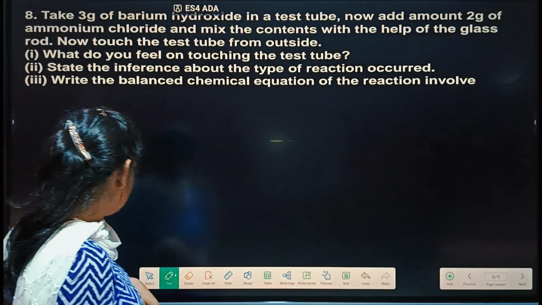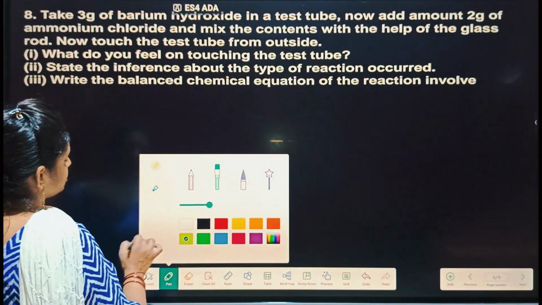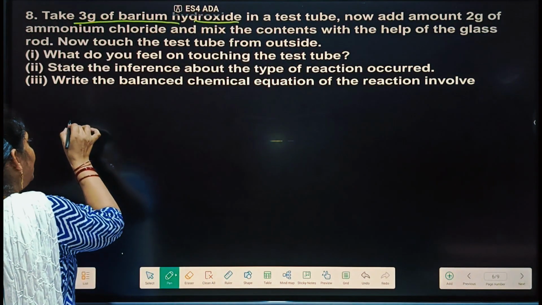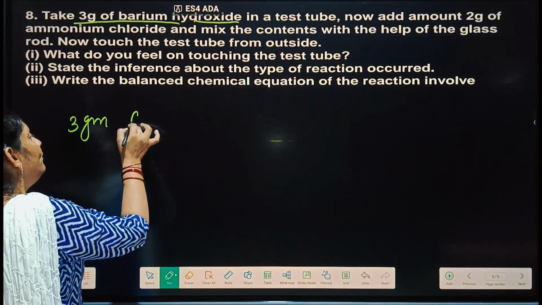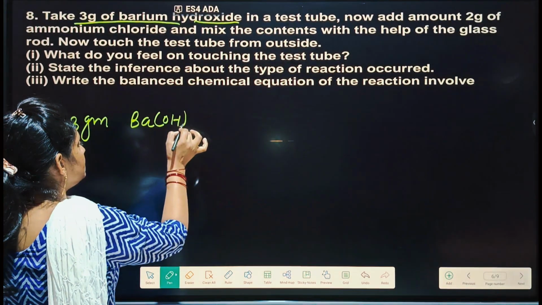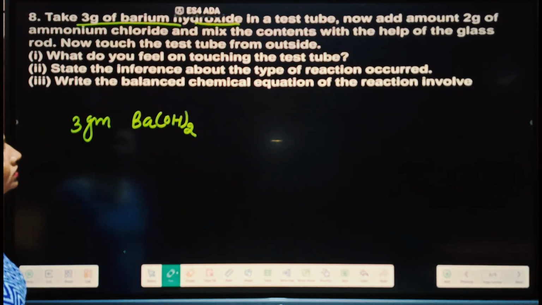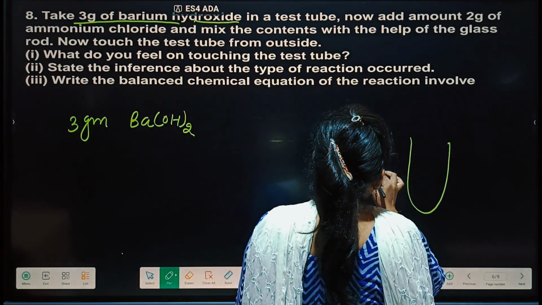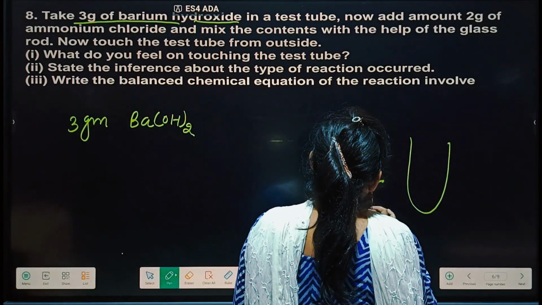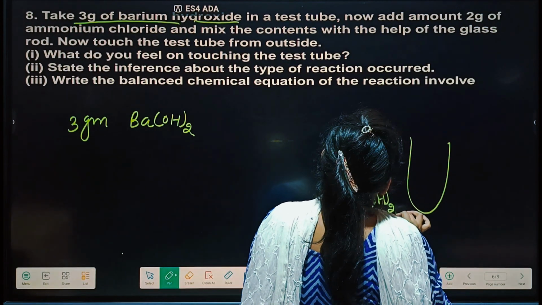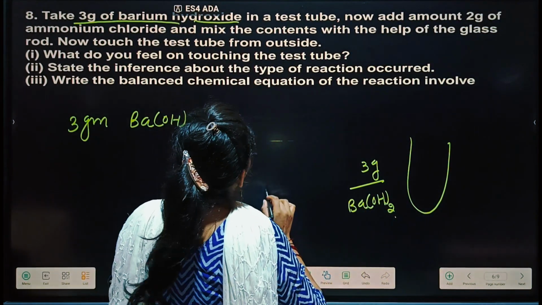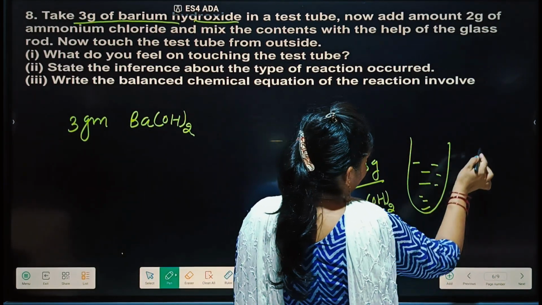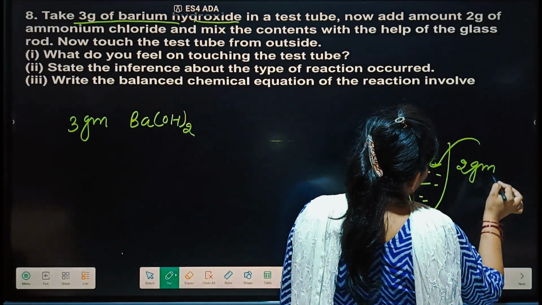Then let's see the next question. Take 3 gram of barium hydroxide in a test tube. This is the formula for barium hydroxide. Now add 2 gram of ammonium chloride.